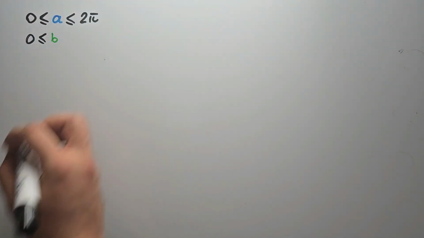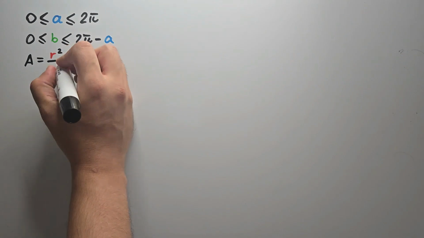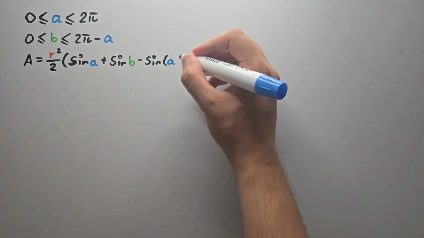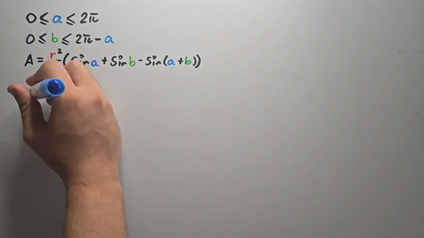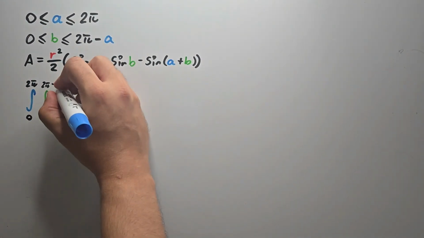As we established earlier, a ranges from 0 to 2 pi, and b ranges from 0 to 2 pi minus a. And the area is equal to r squared over 2 times (sine of a plus sine of b minus sine of (a plus b)). So we can take a double integral of this expression with respect to b and a.